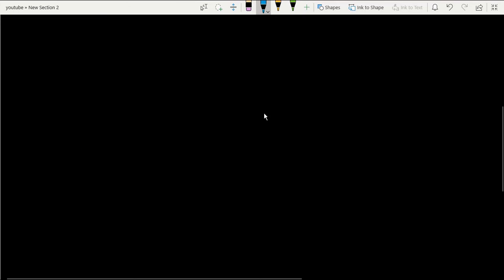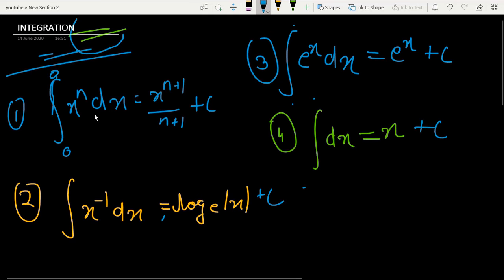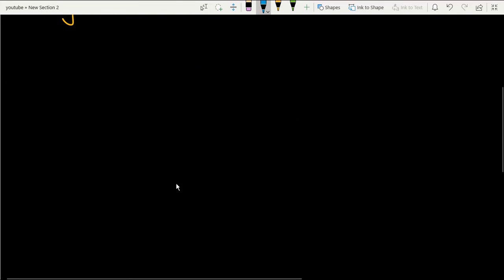Okay, you remember the formulas. This is the first formula, second, third, fourth. These are the most important ones, remember these. Now I'm going to show you some other ones also. For example, let's take sine and cos.